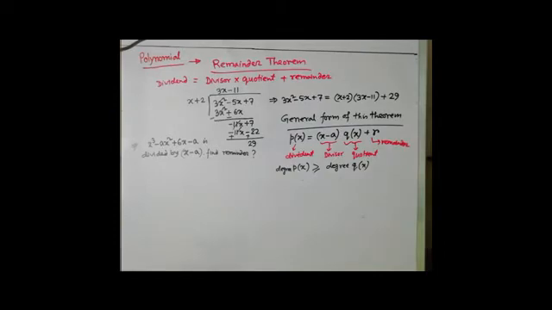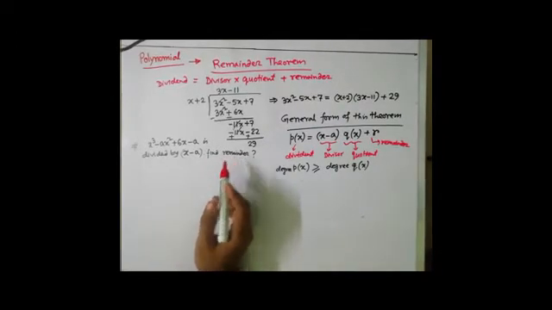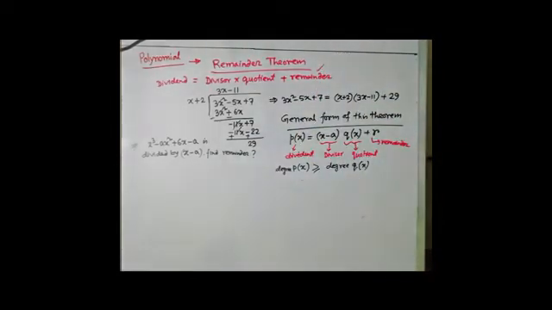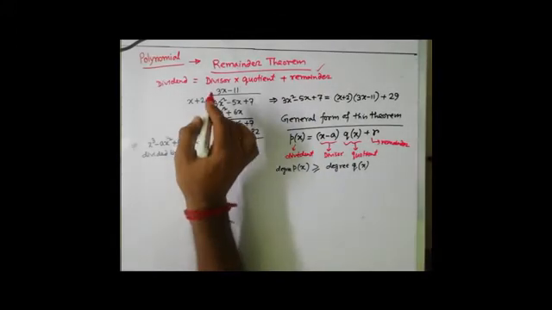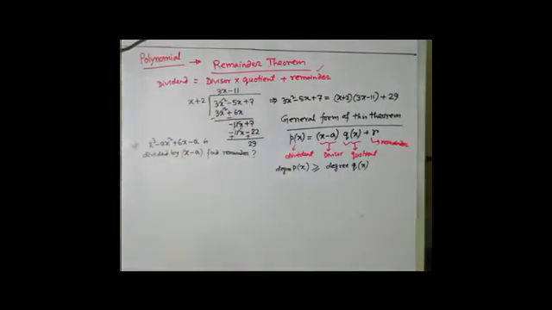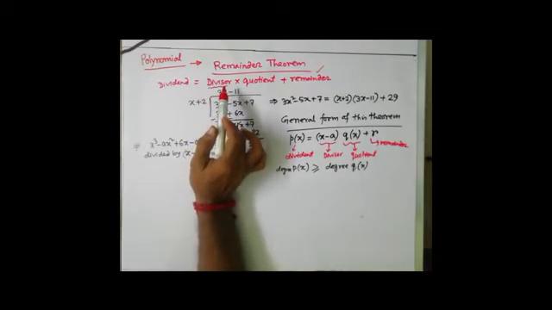So what do you have to do? When you are asked to find the remainder, this part you have to find out. The process is very simple. If you find the zero value of the divisor, what will happen when the divisor becomes 0?